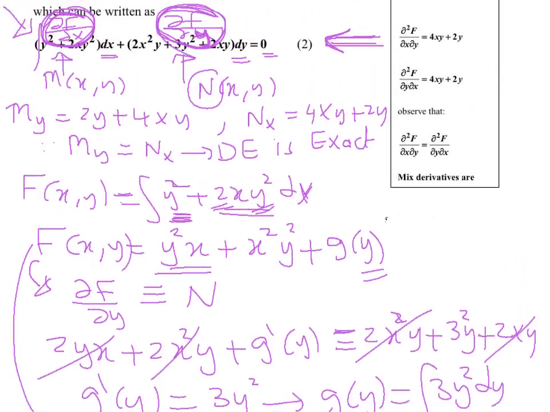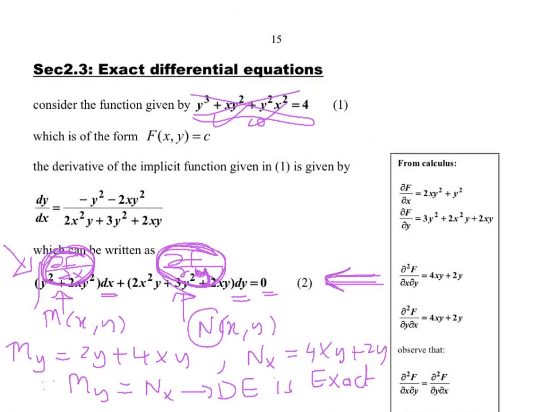This is actually, if you go back to here, this is what we have there. This is what we found. We have found all of this. But this actually is the integration of 0. You see, when we used exactness, we were working on this side only. Integration of this side is f.